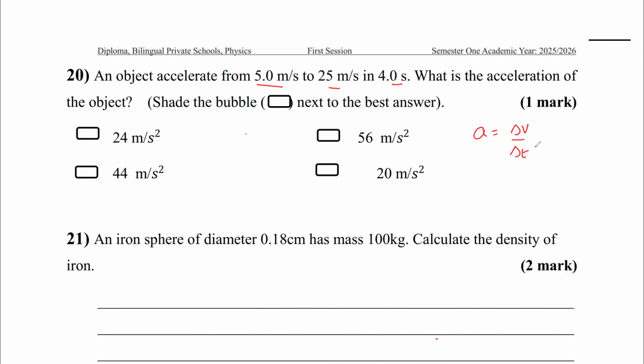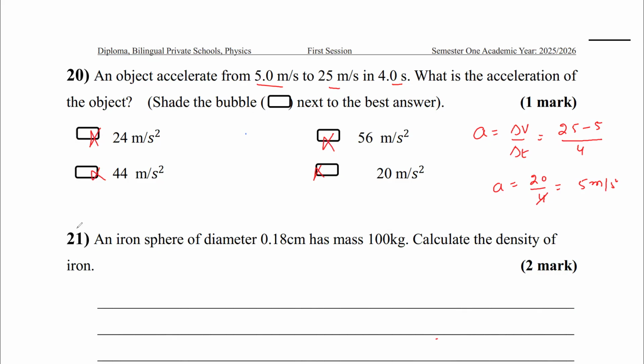Here the final velocity is 25 and the initial velocity is 5, and the change in time is obviously 4. So acceleration is 20 divided by 4, which is equal to 5 meters per second squared.